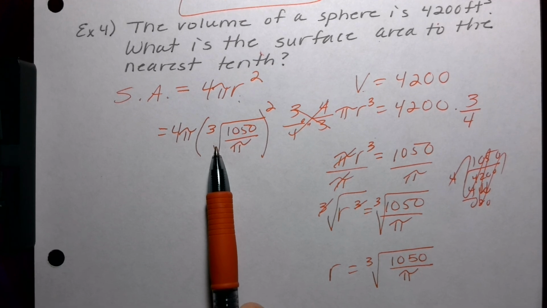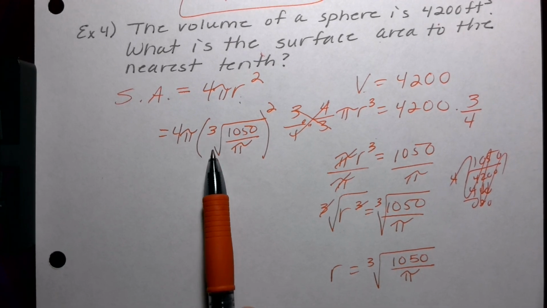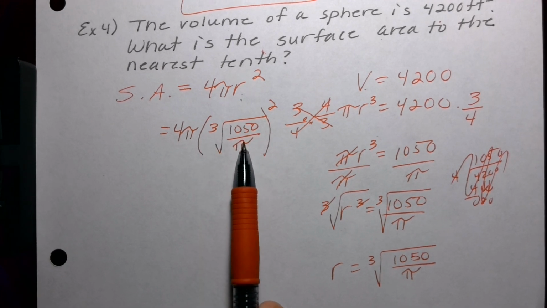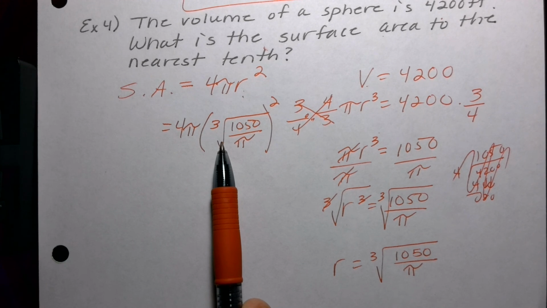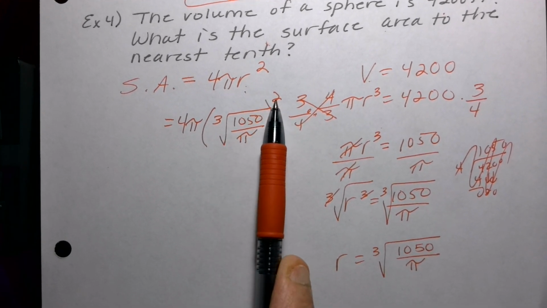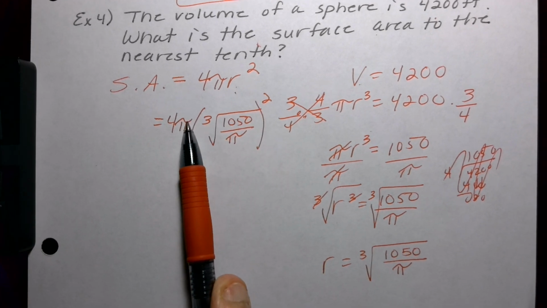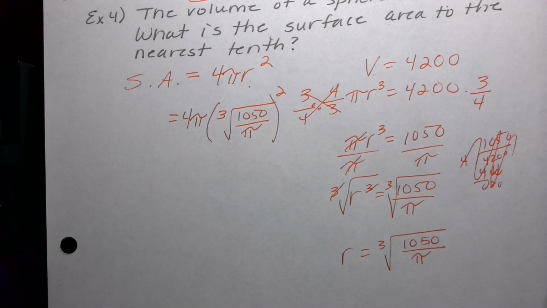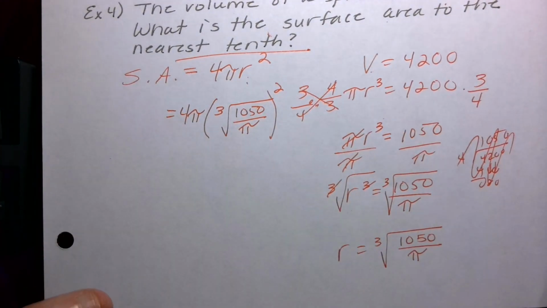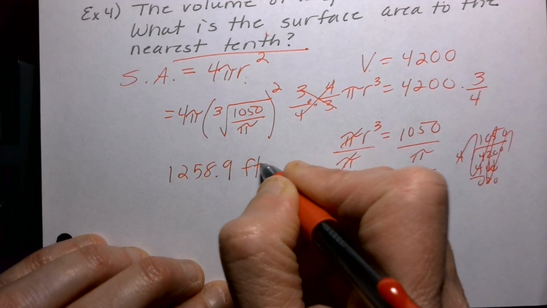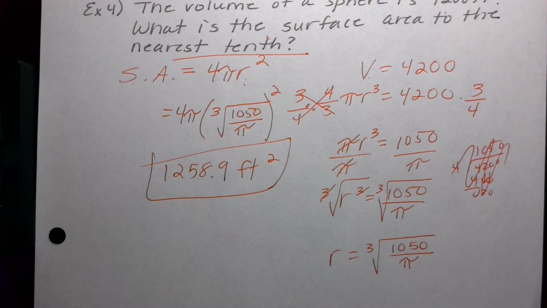If not, let me know and I can help you find it, or ask an older brother or sister and they can help you find it. So 1,050 divided by pi equals, cube root, then the x squared button, then times pi, then times 4. You should get, if you went to the nearest tenth, you should get this. Please check that, because if you're not, you'll likely get it wrong when the test comes.